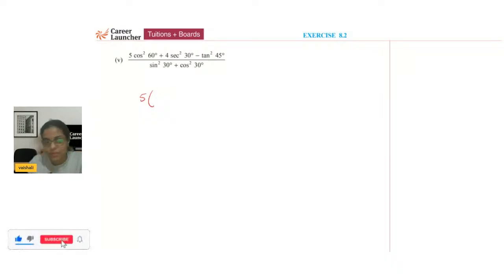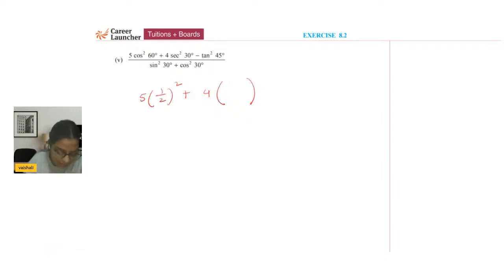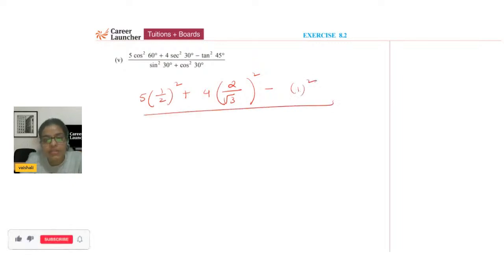So if we substitute all the values, this is minus 1 whole square divided by 1 by 2 whole square plus under root 3 by 2 whole square.